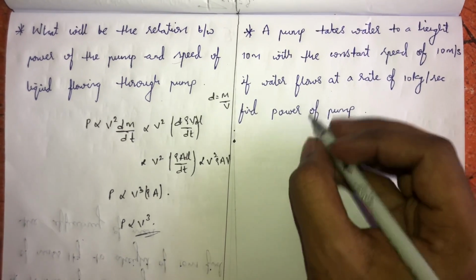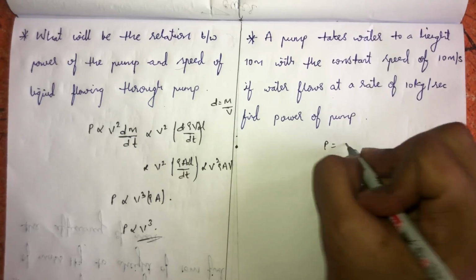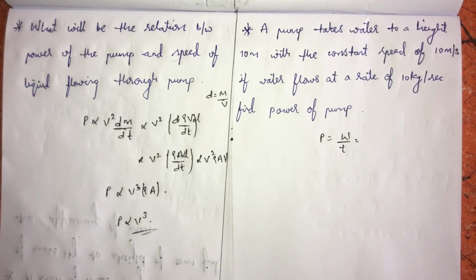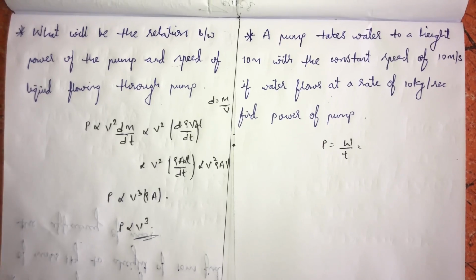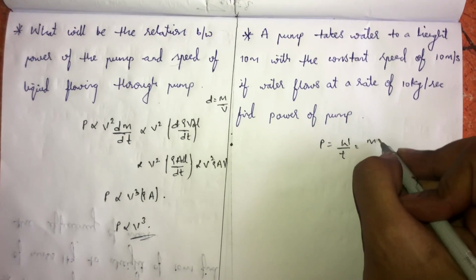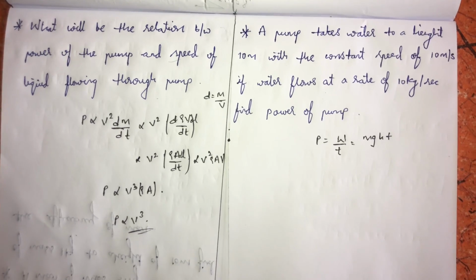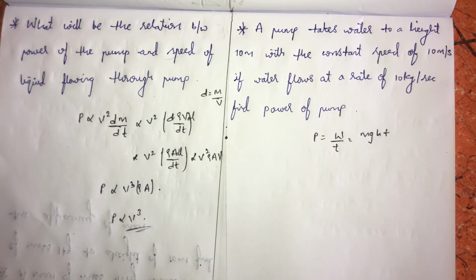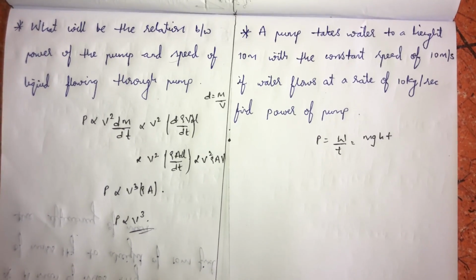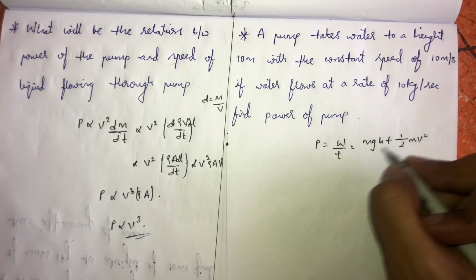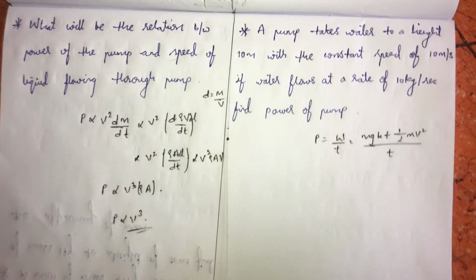Here power will be equal to work done per unit time. Here work done to raise the water to a height h will be equal to mgh. Later it is moved with a constant velocity of v, that is 10 meter per second. So kinetic energy will come into action, that is half mv square per time.